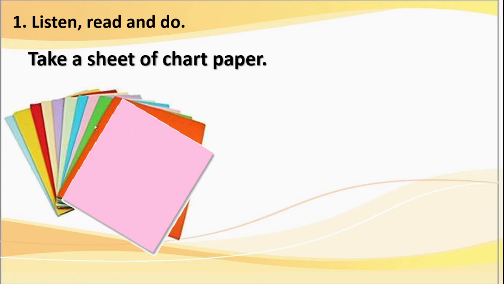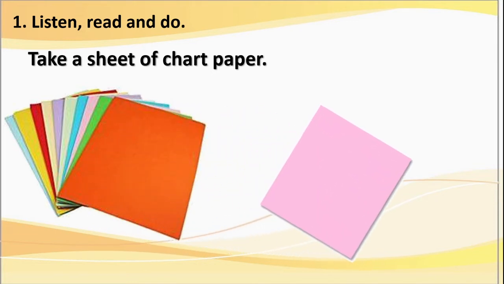We get different colored chart papers in the market. We will use these papers to make our shapes mobile. Now I will select this pink colored chart paper. Here we have to make this object, the shapes mobile, stepwise.